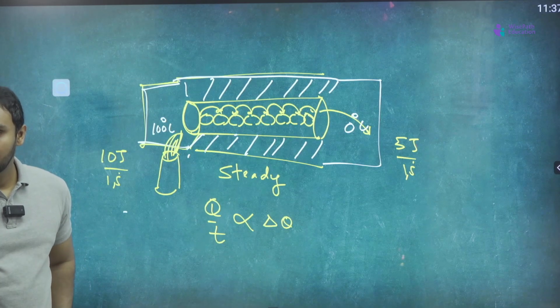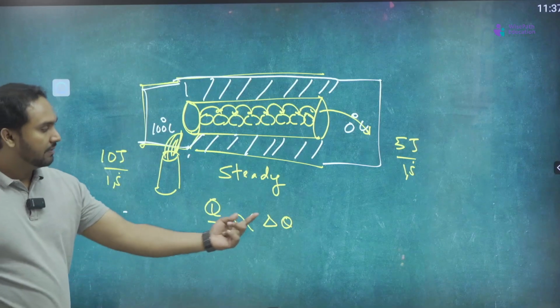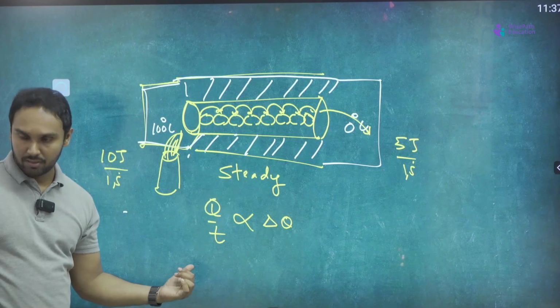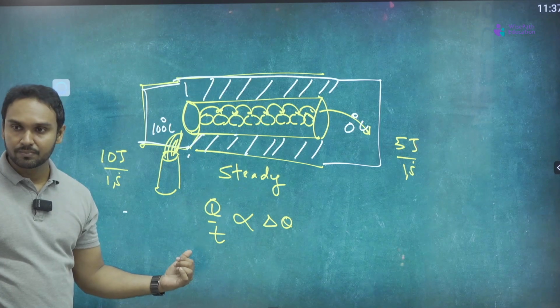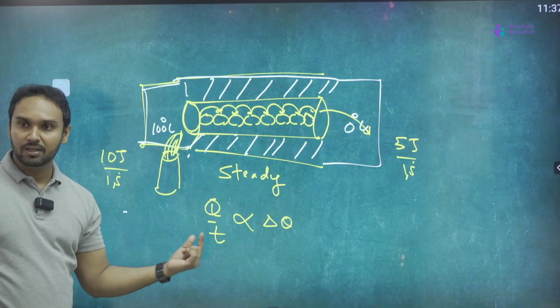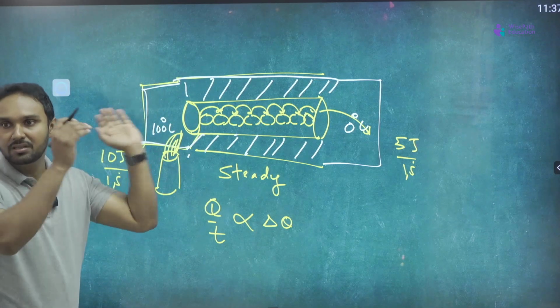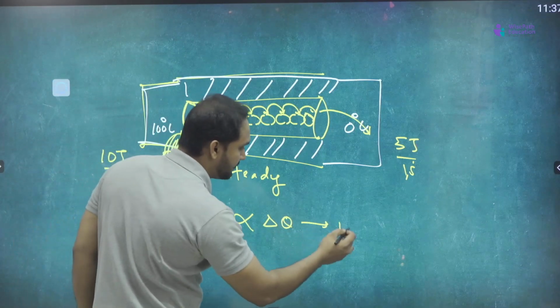It is directly proportional, because if the temperature difference is more, the rate of heat flow is more. Get it? It's like a pressure difference. The more the pressure difference, the more the rate. Get it? That is the first formula.